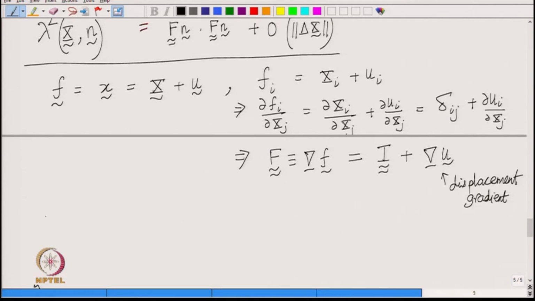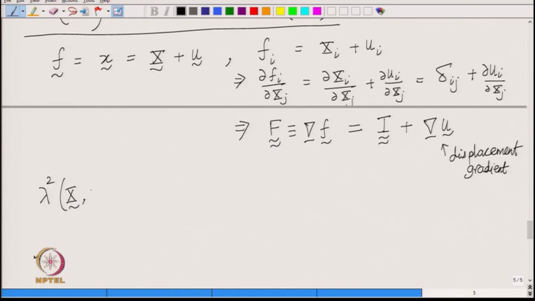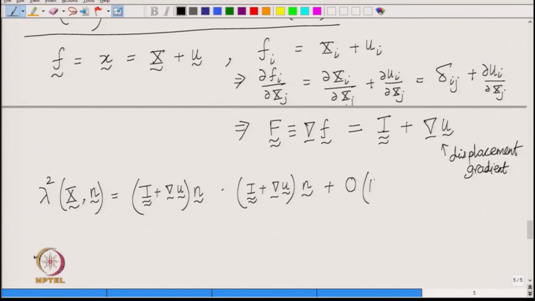So, that means lambda square at a point x and for the line element in the direction of n is simply identity plus gradient u into n dotted with identity plus gradient u into n plus big O of delta x.